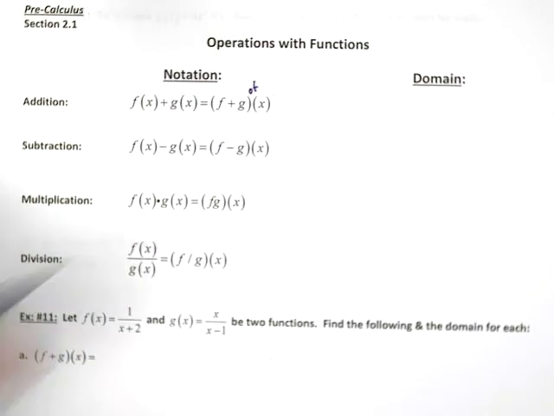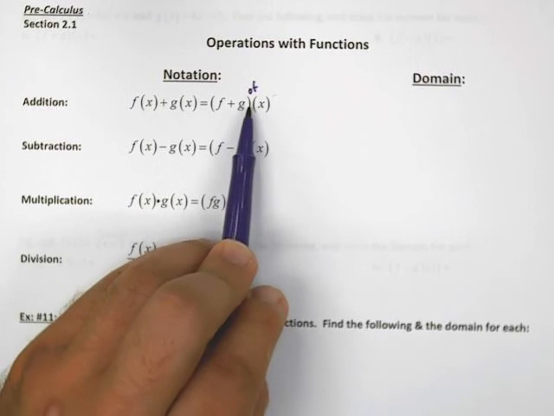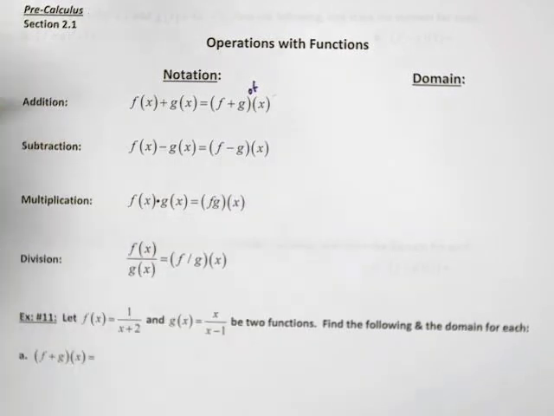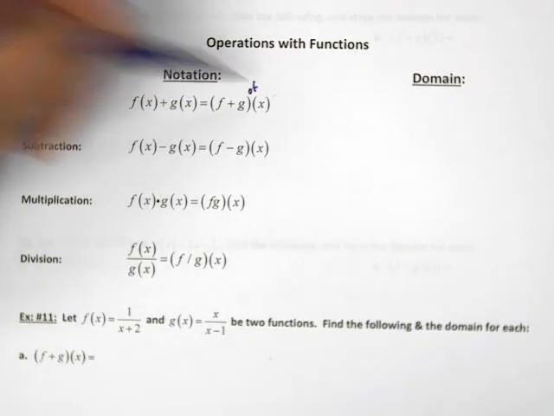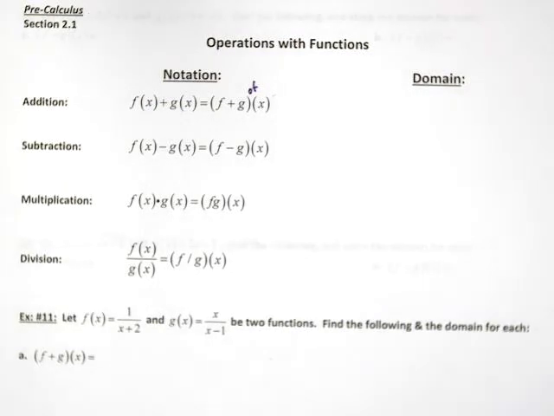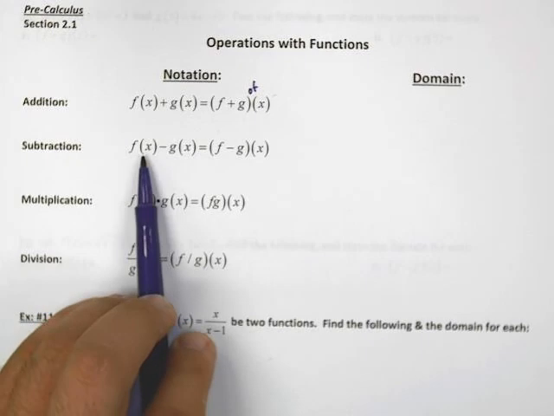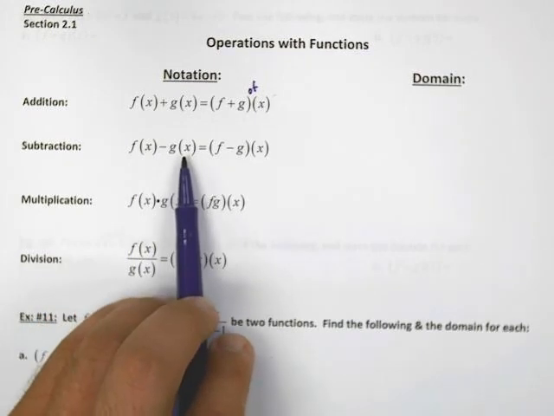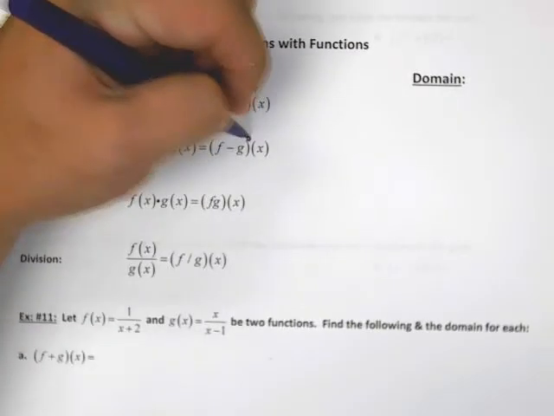So just remember, these two parentheses don't mean multiply, okay? This is just a fancy way of saying we're adding the f function and the g function together, okay? Same thing with subtraction, f of x minus g of x, we write it as f minus g of x, all right?